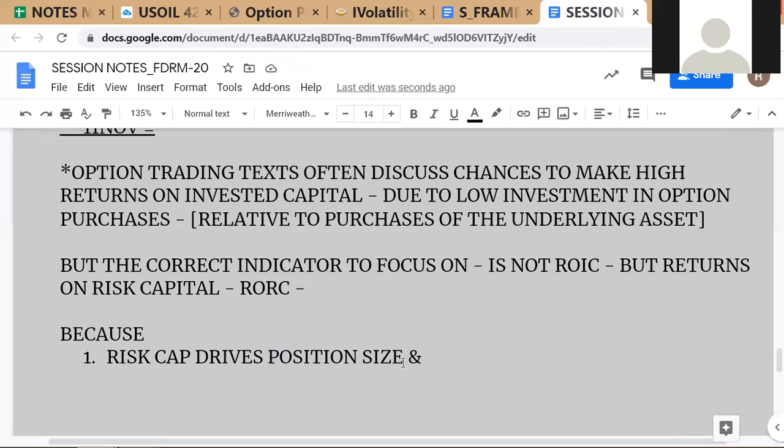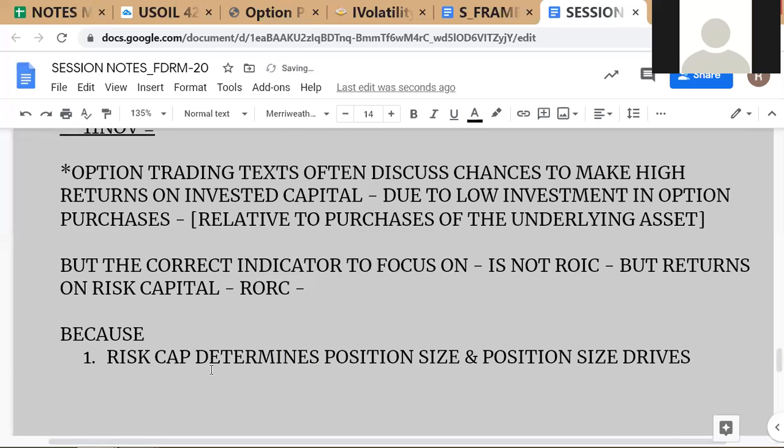Okay, position size determines, or risk cap determines would be a better word. So let's say risk cap determines position size, and position size determines profit potential.